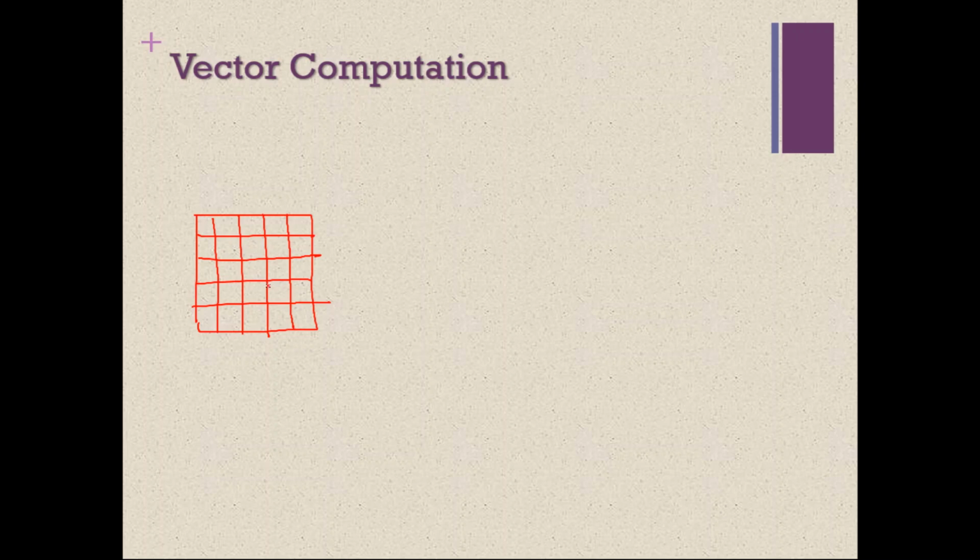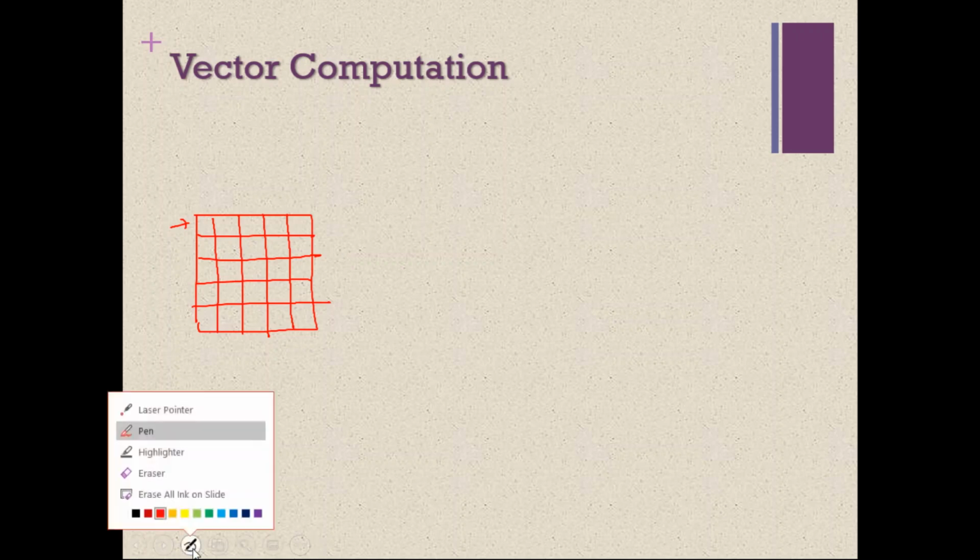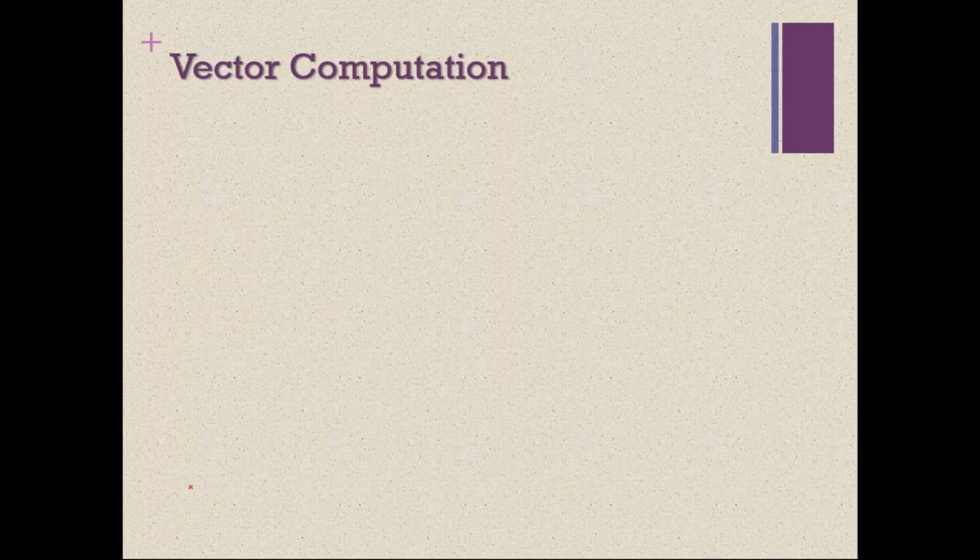In image processing, there are normally a lot of operations done on the image, so there also you cannot apply scalar computation. If you apply scalar computation, the processing speed will be very slow. You may even want to merge two images and create a resultant image. In that case, what is more appropriate is vector computation. So this is the brief introduction to vector computation. With this, let us start.